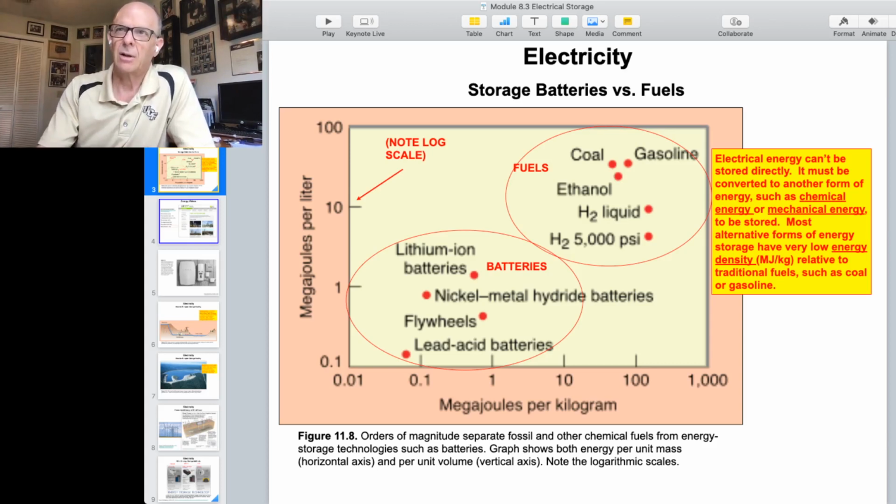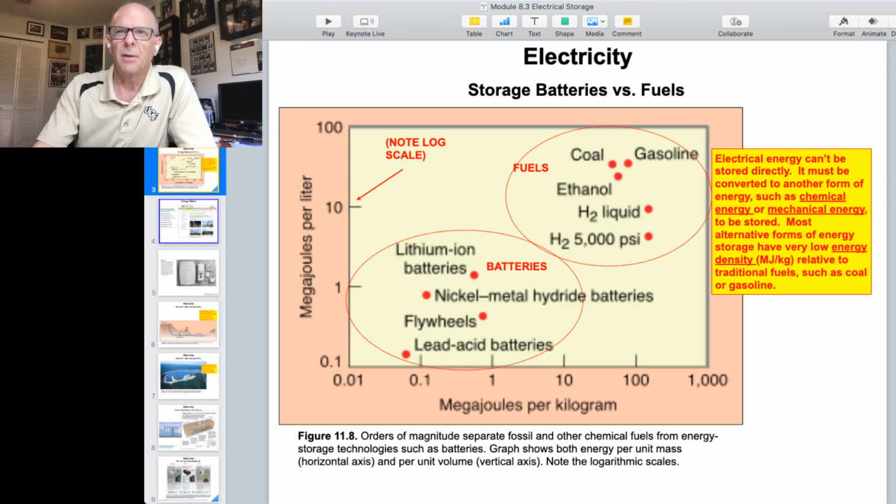And not surprisingly, that's where we find our fossil fuels. That's one of the reasons they're such awesome fuels, is that they've got a lot of energy stored very efficiently and very compactly. And you'll notice that batteries are way down, mostly in the lower left-hand corner. And these are a logarithmic plot.